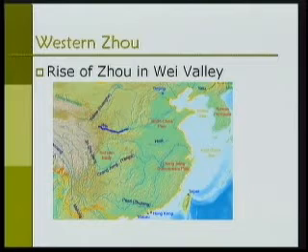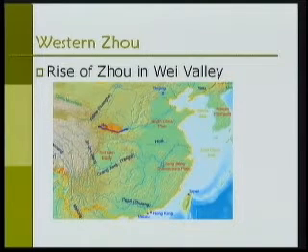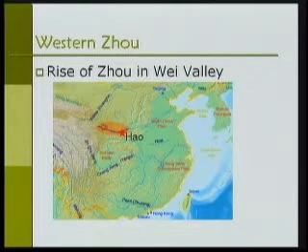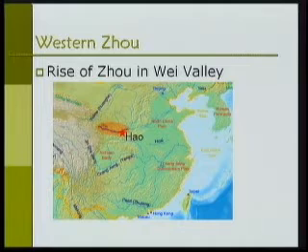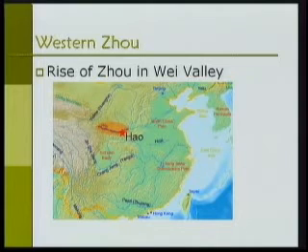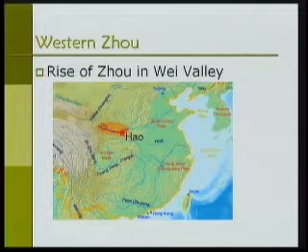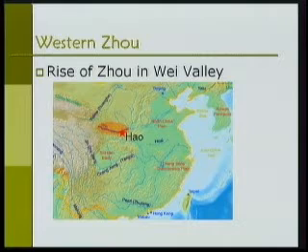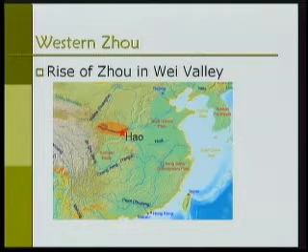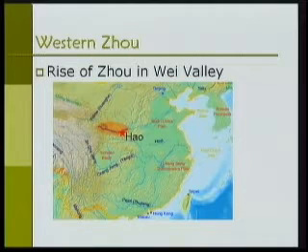And as they came into power, they created their own capital, the capital of Hao, right there on the River Wei. So keep in mind, this is referred to as the Western Zhou because they are living in the western side of this area. Then they would move to the east later on, and that's why they would be called the Eastern people.